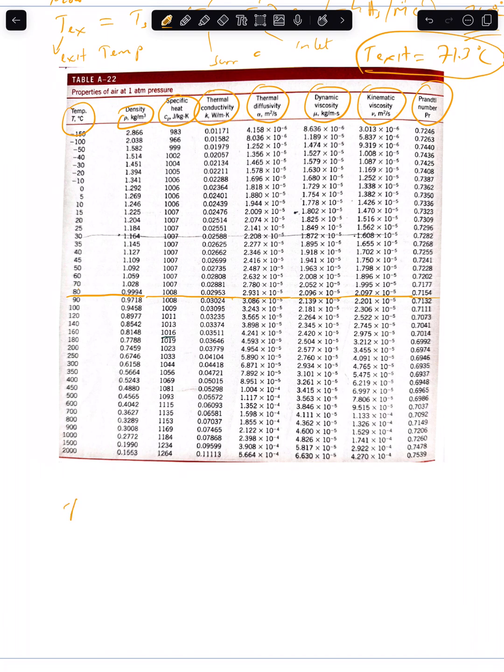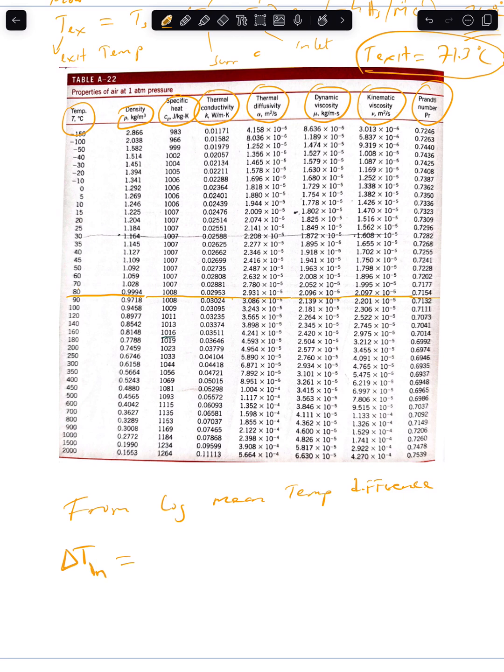So the log mean temperature difference, that is the log mean temperature difference, it's a change of temperature.